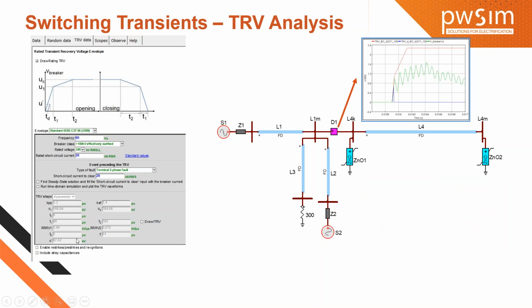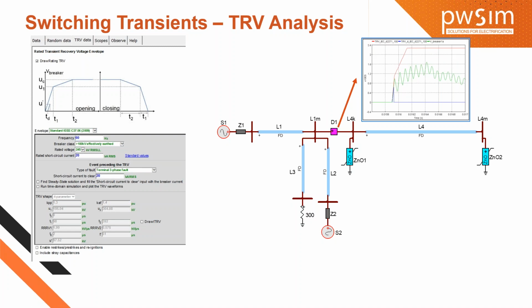In EMTP, we have a TRV breaker available. In that we can enter our own data like a 2 parameter envelope or 4 parameter envelope, or you can take the IEEE or IEC standard TRV envelopes. EMTP automatically calculates the fault current in your designed system, and accordingly it will provide the TRV envelope of the system based upon the T10, T30, or T60 characteristics.